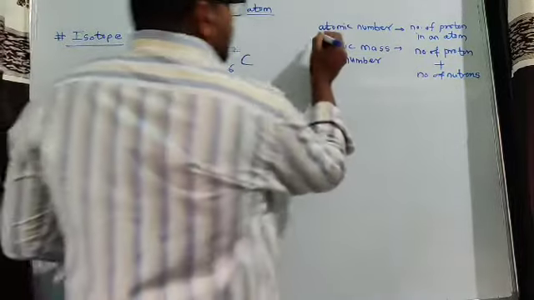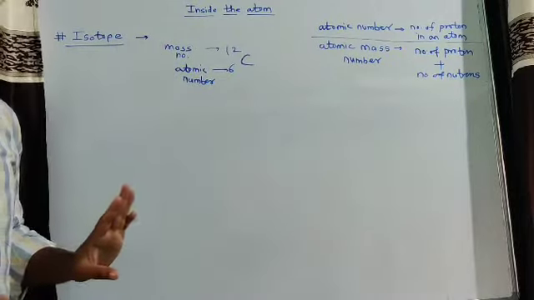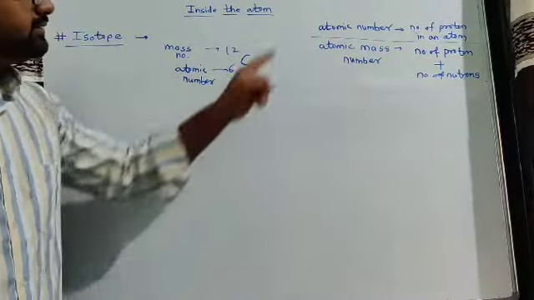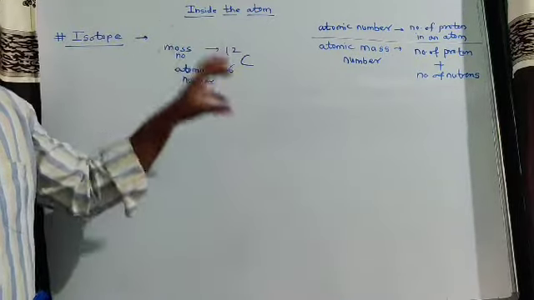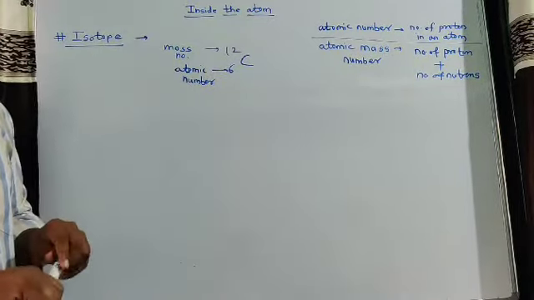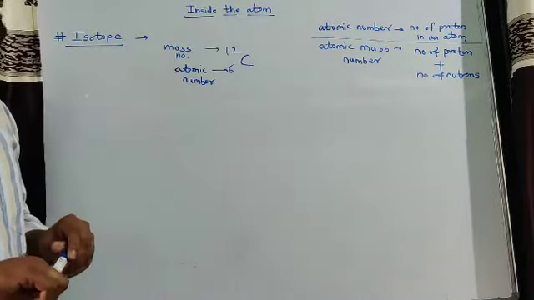So atomic number means only the number of protons, and atomic mass means the number of protons plus the number of neutrons present inside the nucleus of an atom. This is how we define atomic number and atomic mass.